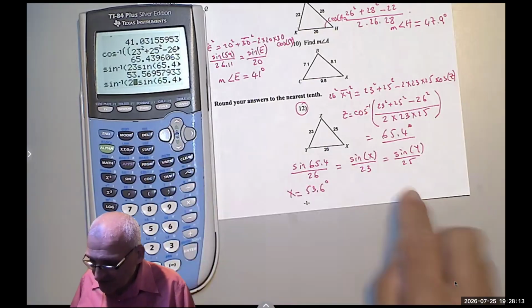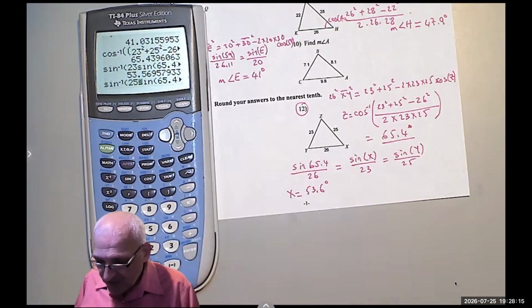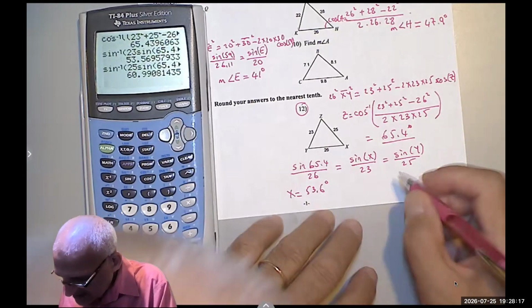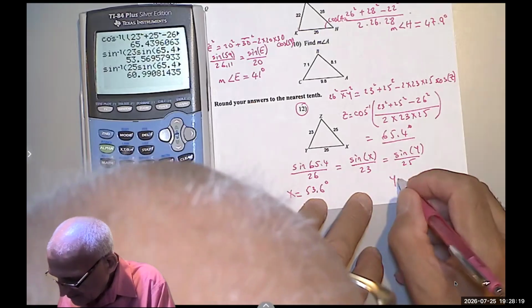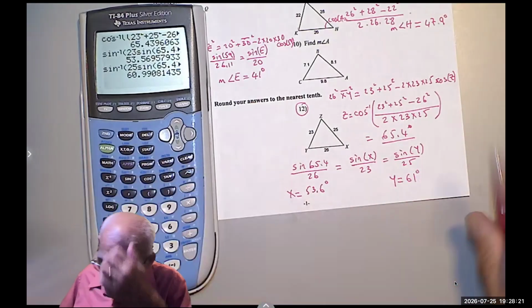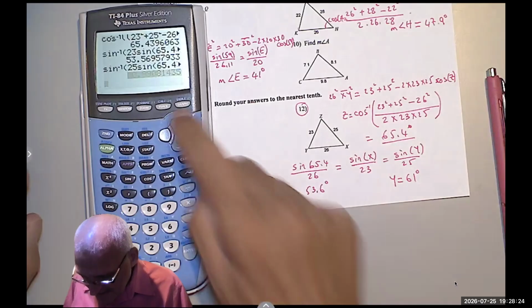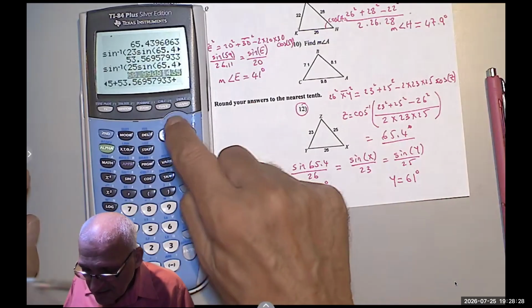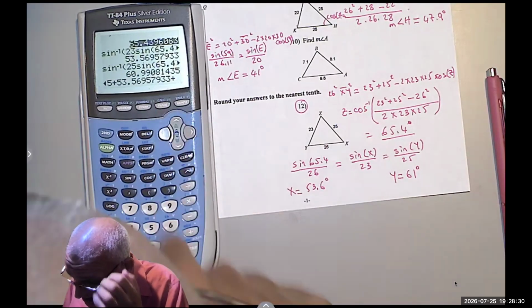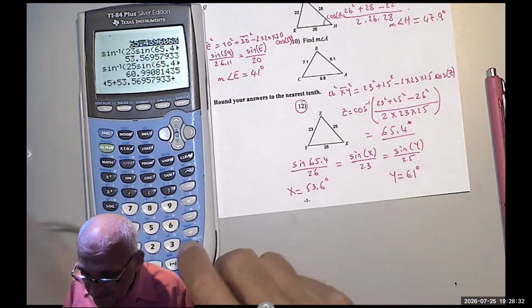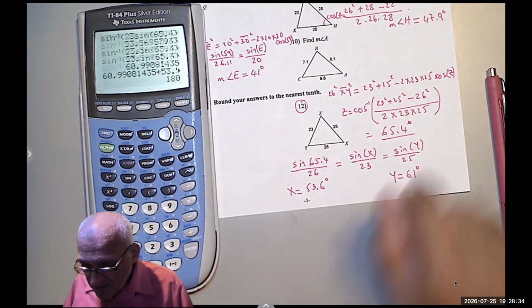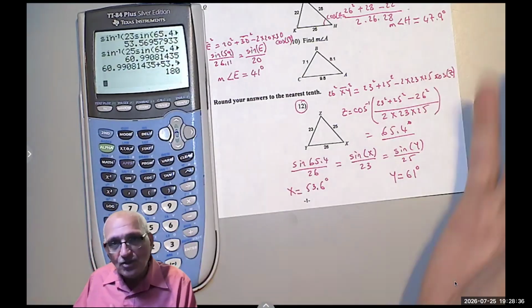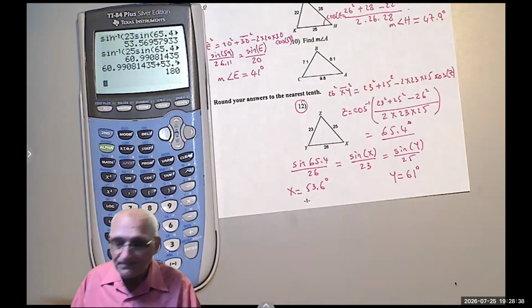That's the only difference. I make that 25, and I get 61 if I want one decimal place. Now let's say this plus that plus that equals 180 degrees. So I solved and I checked.